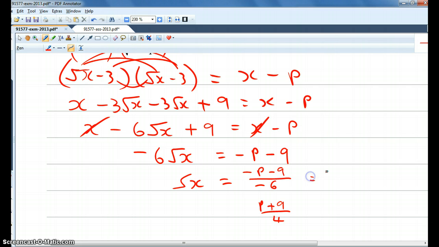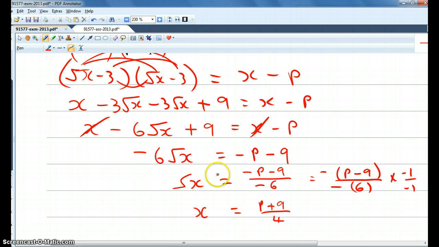Because I can take that's negative p minus 9 over negative 6. And yeah, if I times both top and bottom by negative 1, I'm not changing anything. So that equals the square root of x.